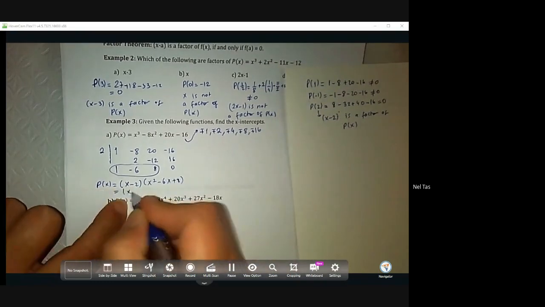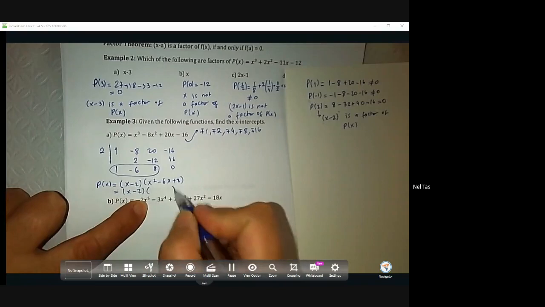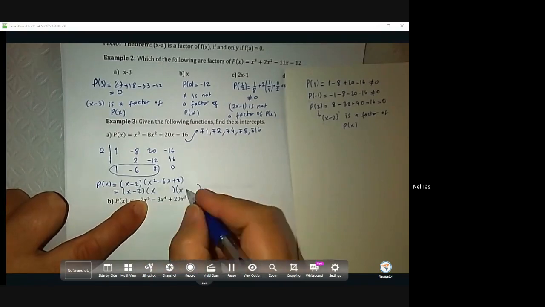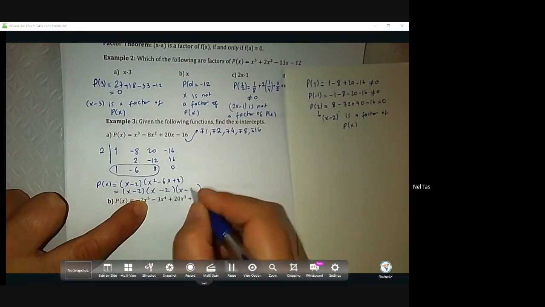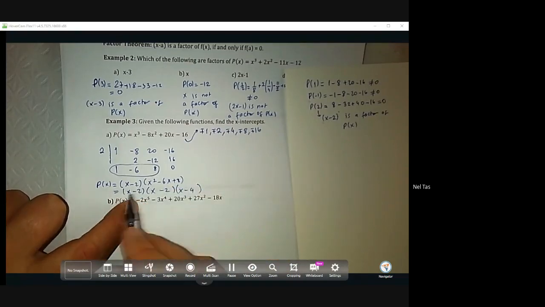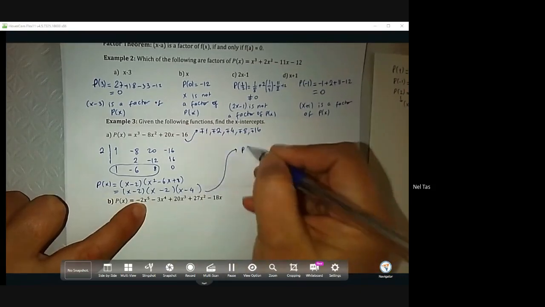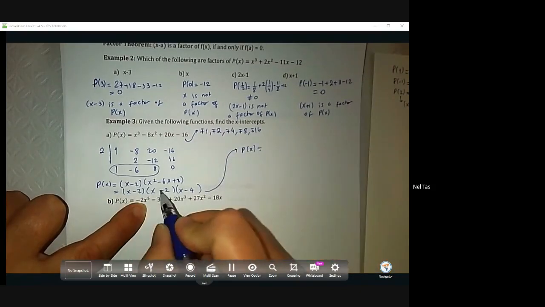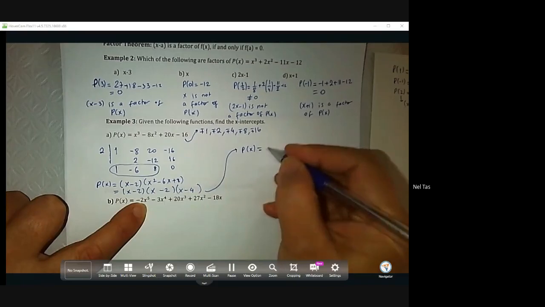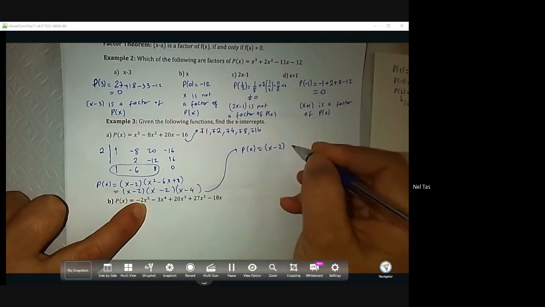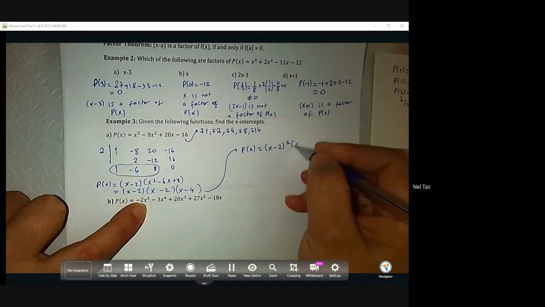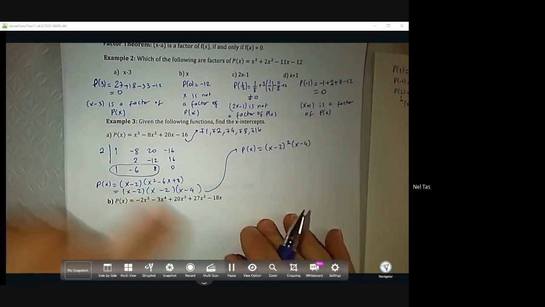Then we can factor this trinomial, x and x. So it looks like it's going to be x minus 2, x minus 4. So we fully factored this P of x now. Okay, but see x minus 2, you have a double root at 2. So we're going to write it as x minus 2 squared times x minus 4.